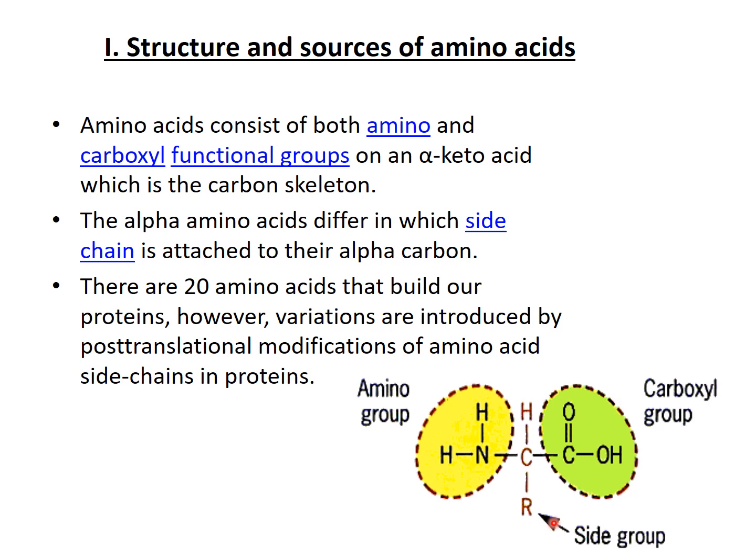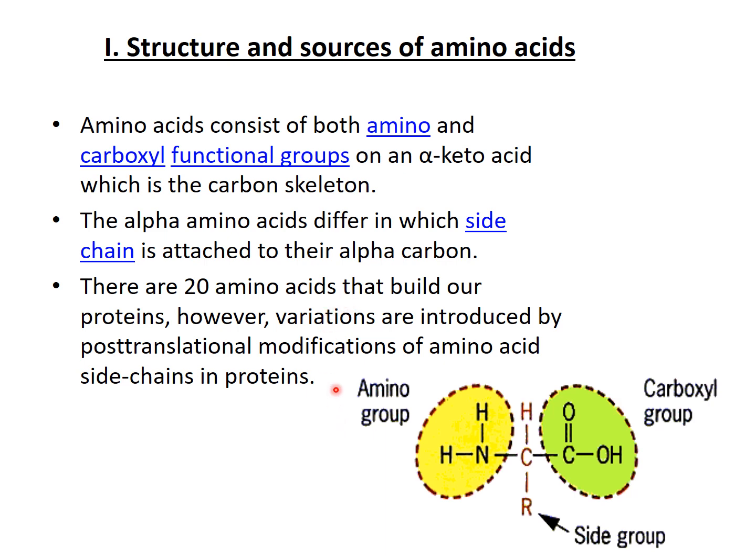Important to remember that we have 20 different amino acids that we can build into our proteins when the proteins are synthesized by translation of the signal from the different genes of proteins. Then the machinery brings in amino acids and puts together the protein.